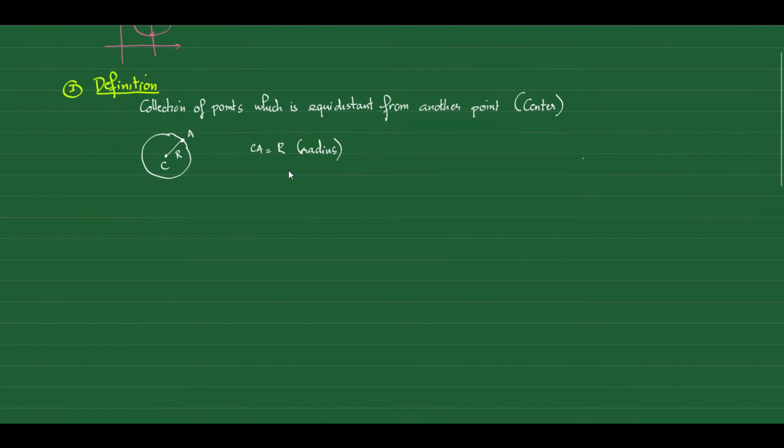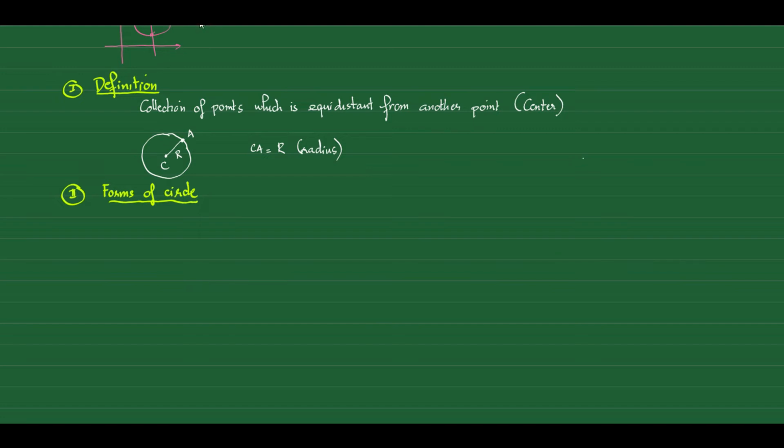And the equation of the circle has two forms. The first form we call the standard form. So on the second part of our lecture, I'm going to put the forms of the circle. There are two forms.